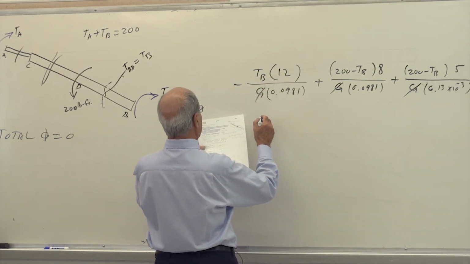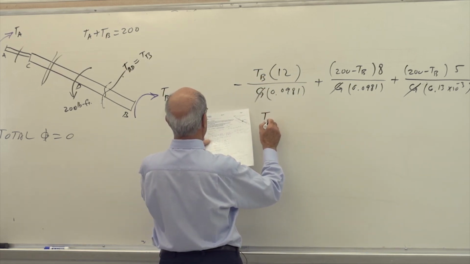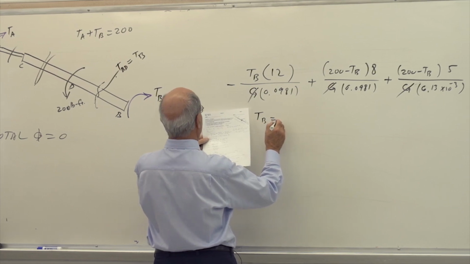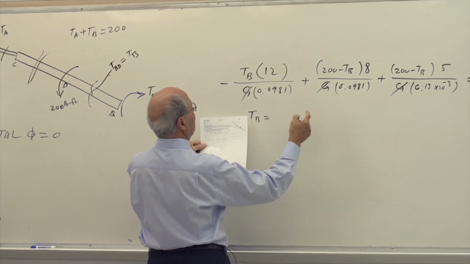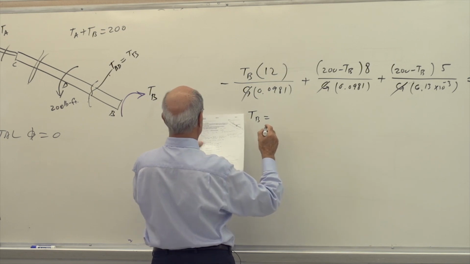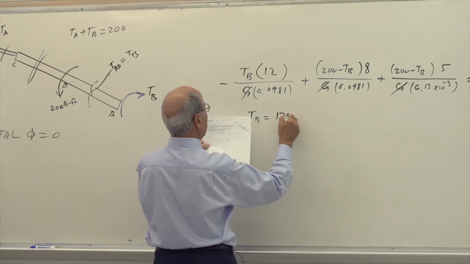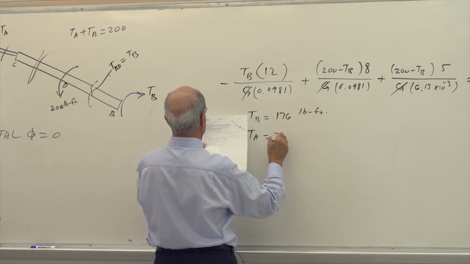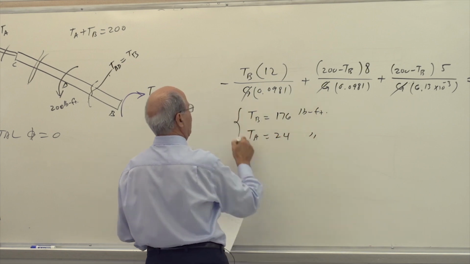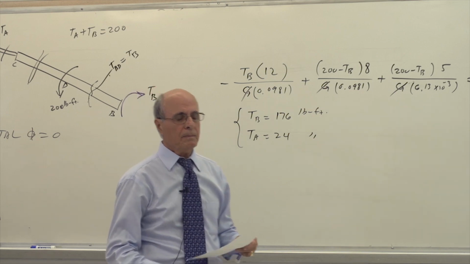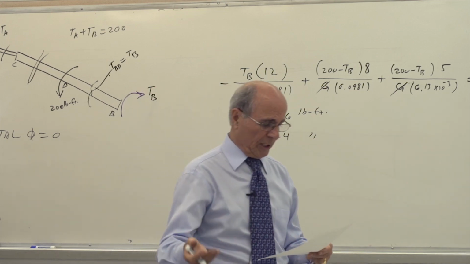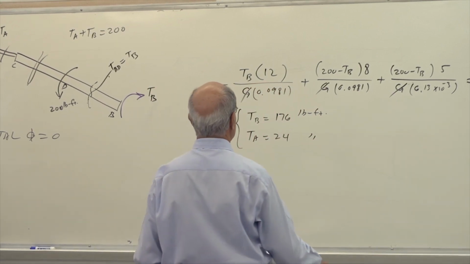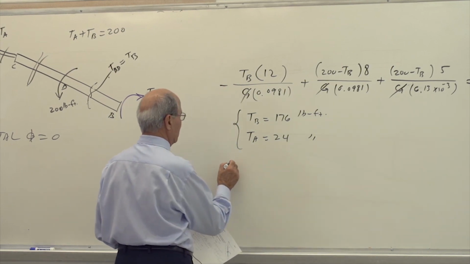So TA, the rest is very simple. TB becomes actually, the way I did it was differently. You solve for TB, so TB becomes equal to 176 pound-foot, and TA becomes equal to 24 pound-foot after that. Or you can set up 2 equations.